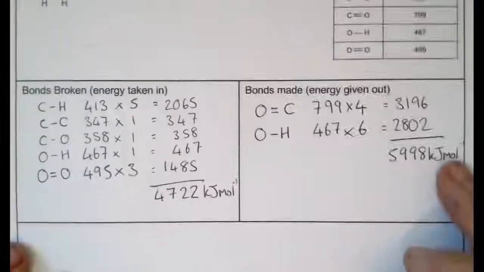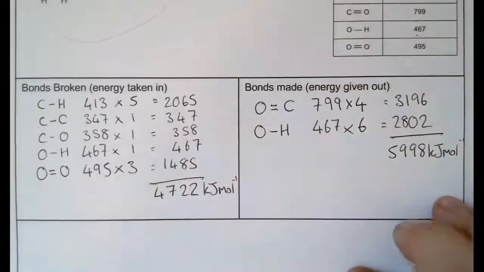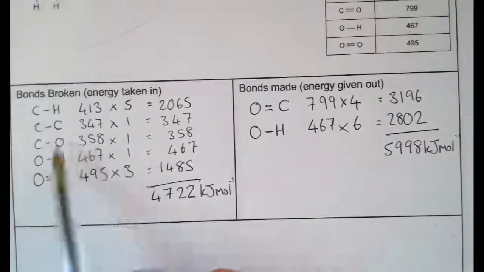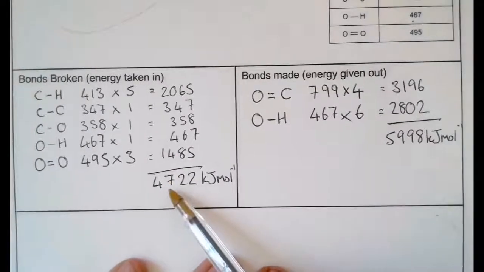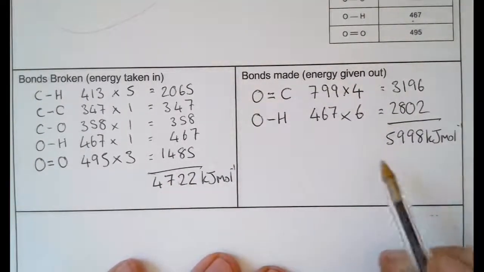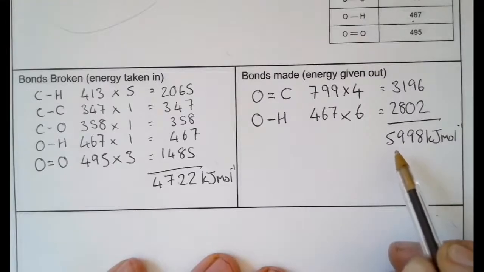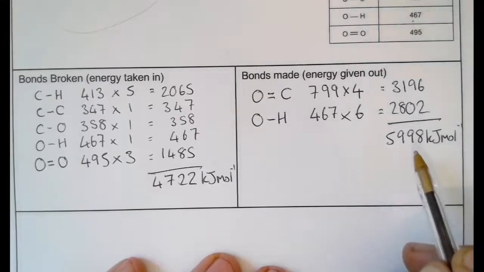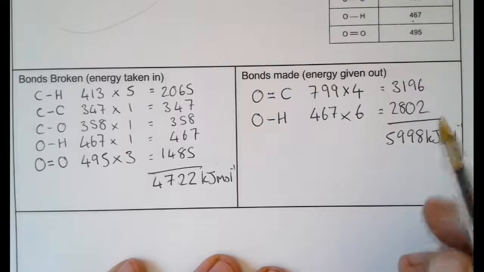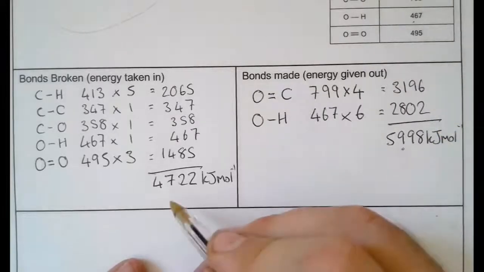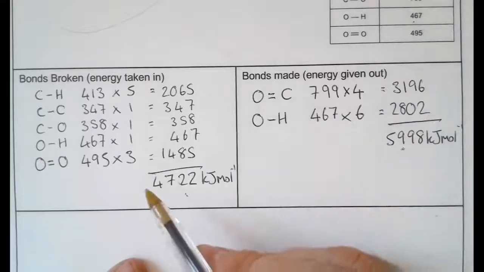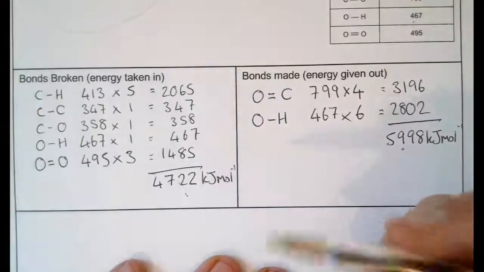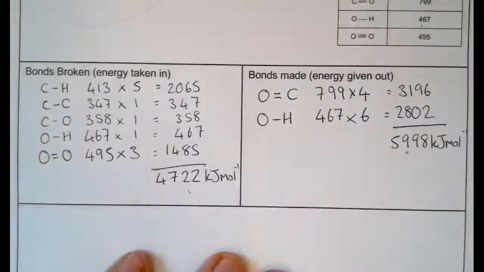And again, don't worry too much about the units. So we can just look at this straight away. The energy that we need to put in to break all the bonds is 4,722. The energy we get out from making the bonds is 5,998. So we can see straight away that this number is bigger than this number. We're giving out more energy than we're taking in. So this is probably going to be an exothermic reaction.